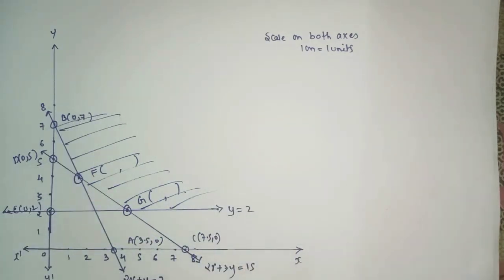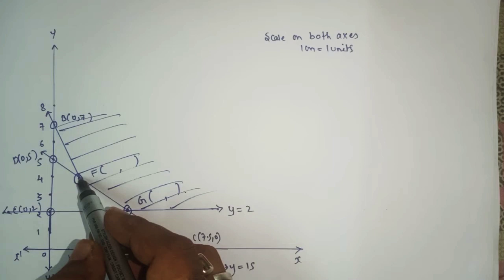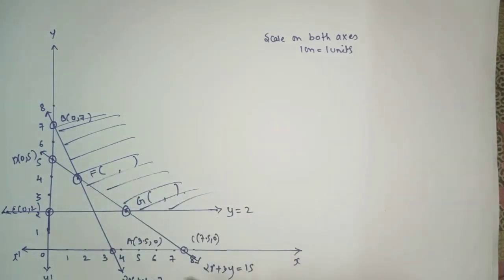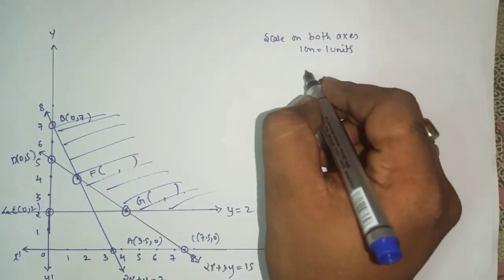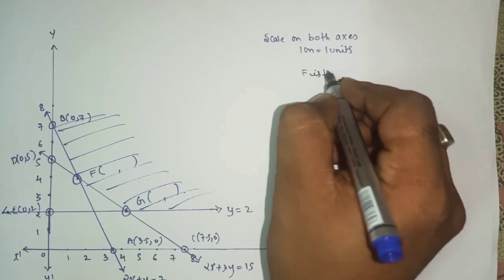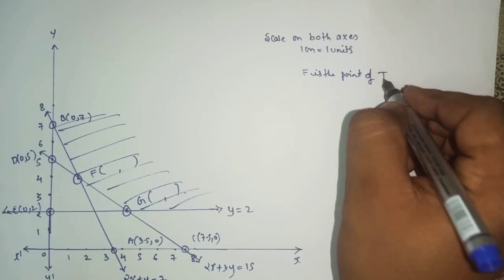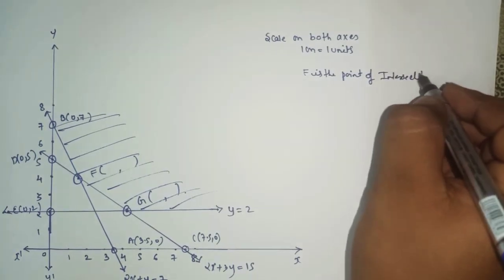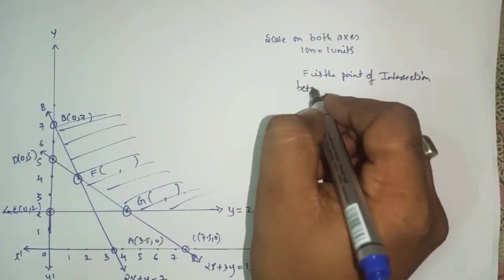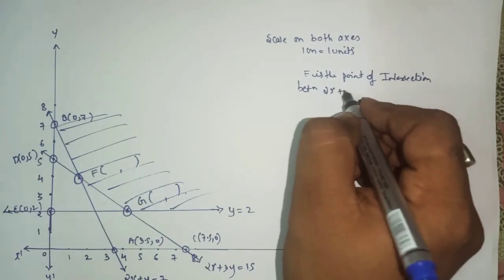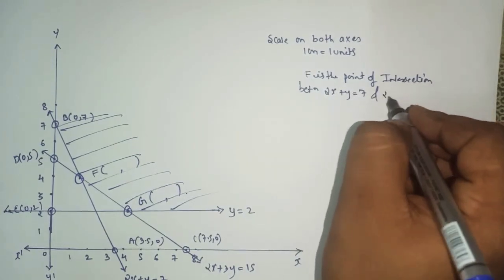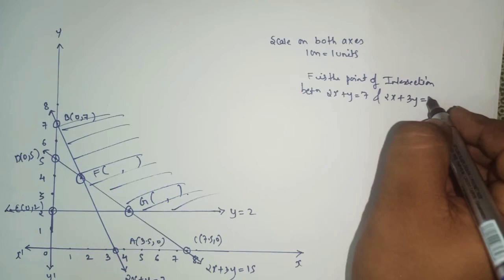Okay, so now to find the point of intersection between these two lines, we will write F is the point of intersection between 2x plus y equal to 7 and 2x plus 3y equal to 15.